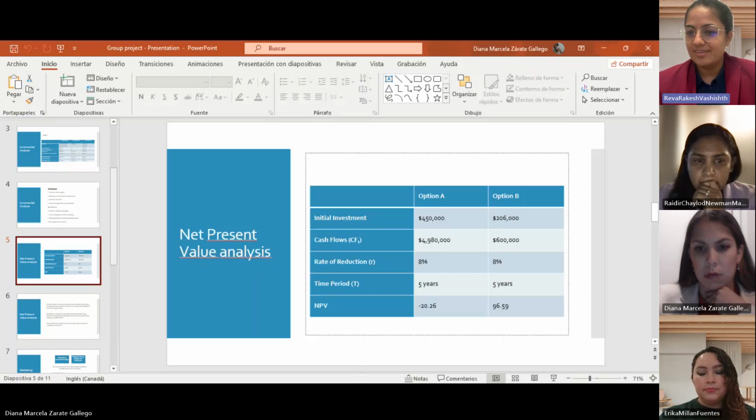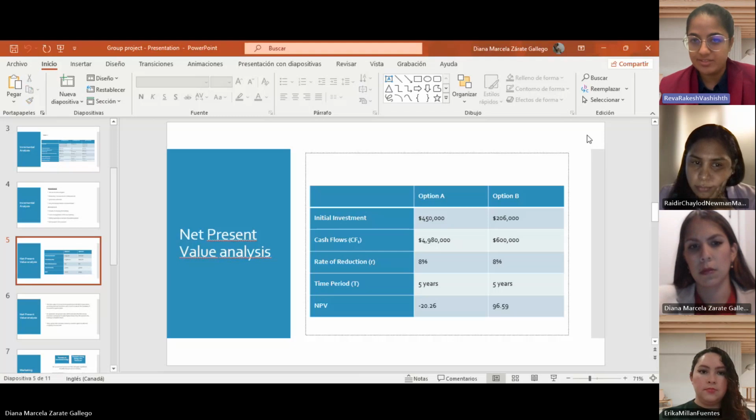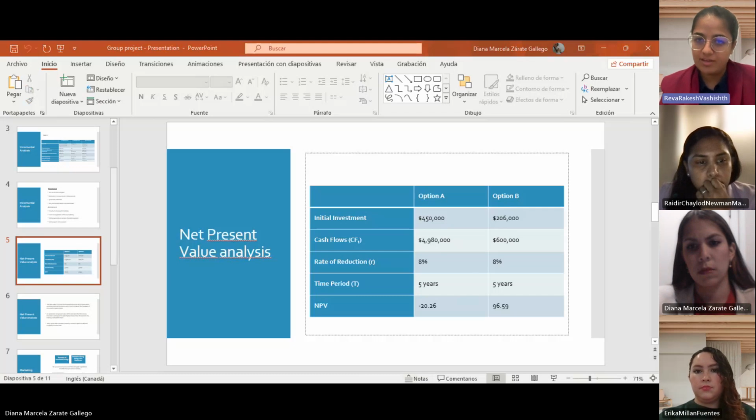Hello everyone, my name is Reva and I'll be talking about the net present value for the company All-Star. Financial metrics like net present value assess how profitable an investment or business endeavor is. It recognizes that a sum of money's current value exceeds its value in the future because of its potential for earning, and it takes into account the time value of money theory.